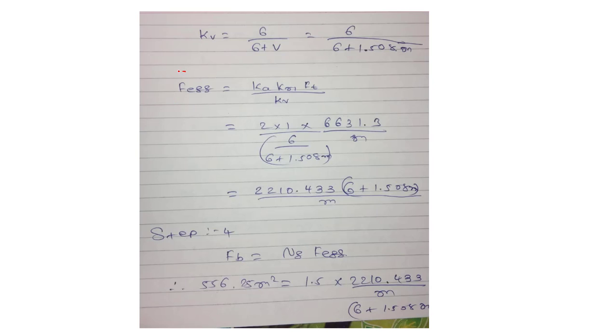So for F effective, considering velocity factor, we have equation Ka Km Ft upon Kv. We know the value of Ka. Km is not available, so we are just putting 1 for that. Ft we already derived. Now it's time for Kv. Kv is velocity factor. Here nothing is given to find the value of Kv.